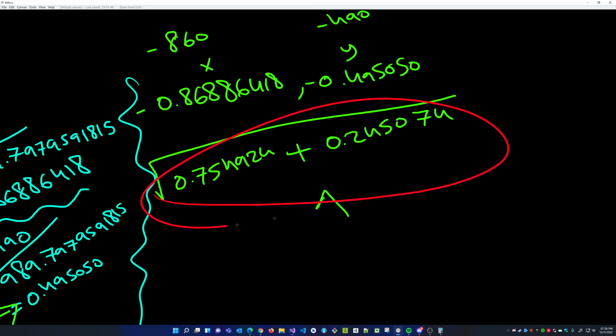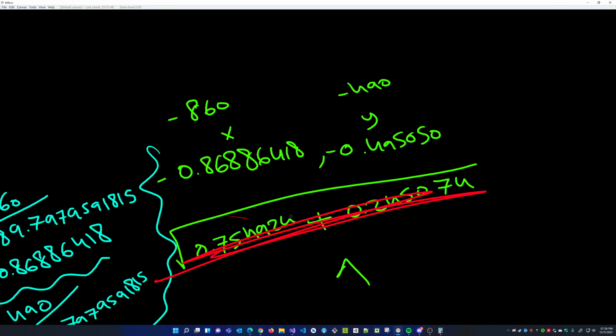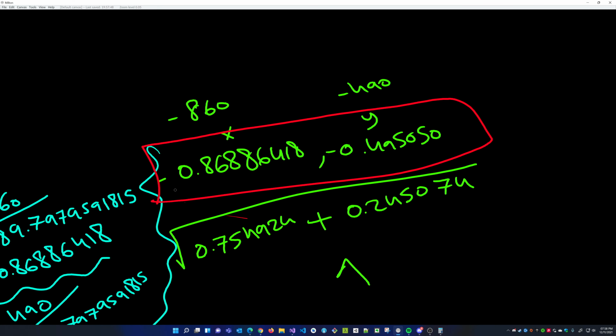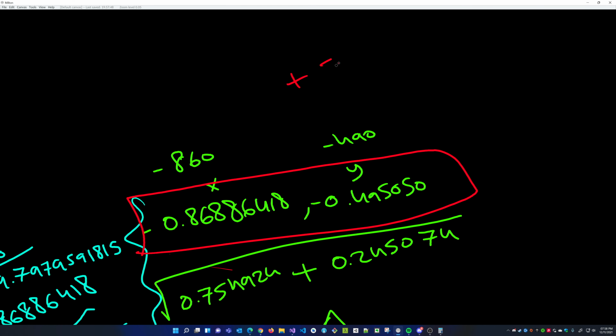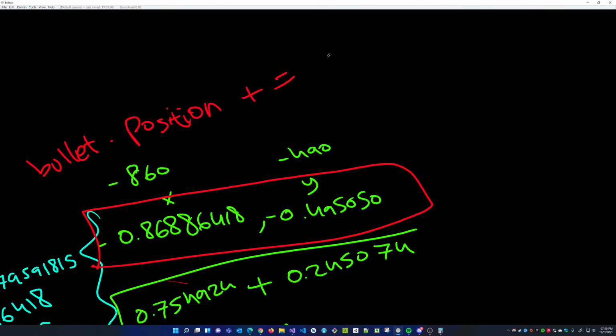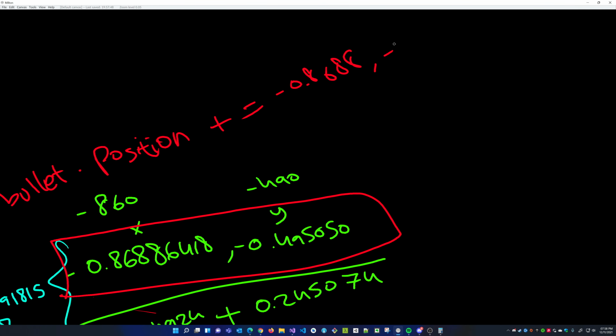So now with this vector over here, I can say plus equal position. This is my bullet, so I do bullet dot position plus equal, right? I add minus 0.8688, comma minus 0.4950, right?